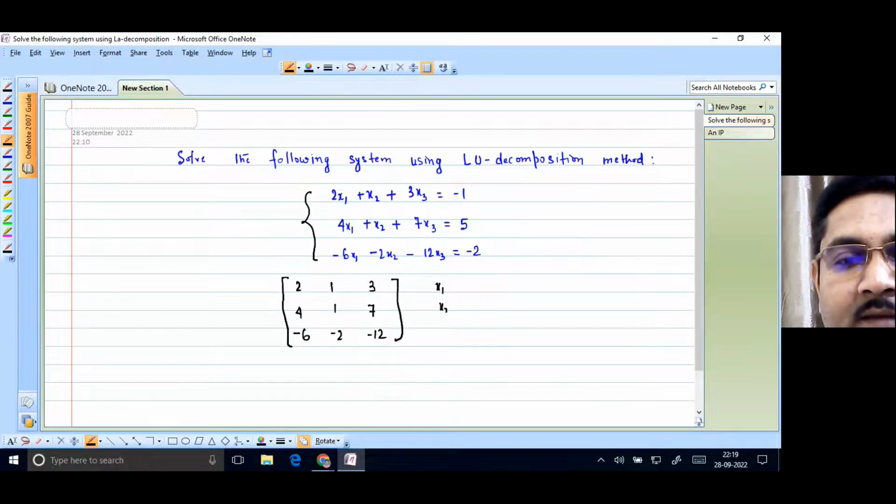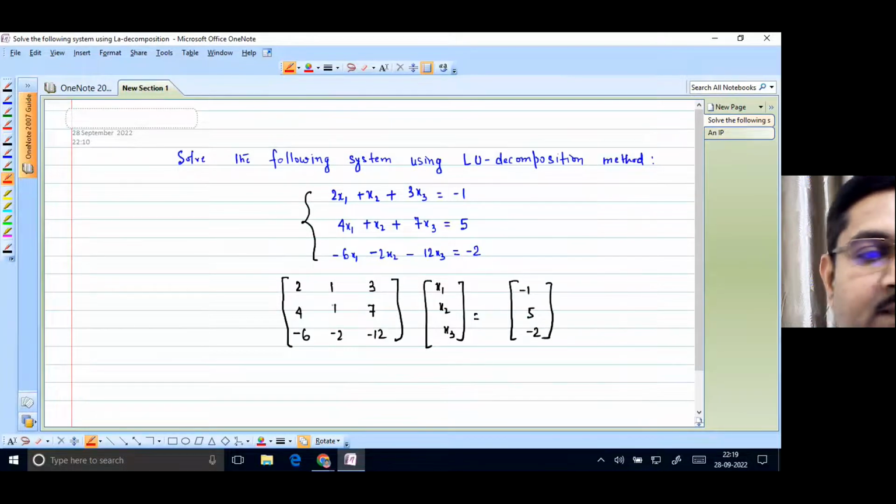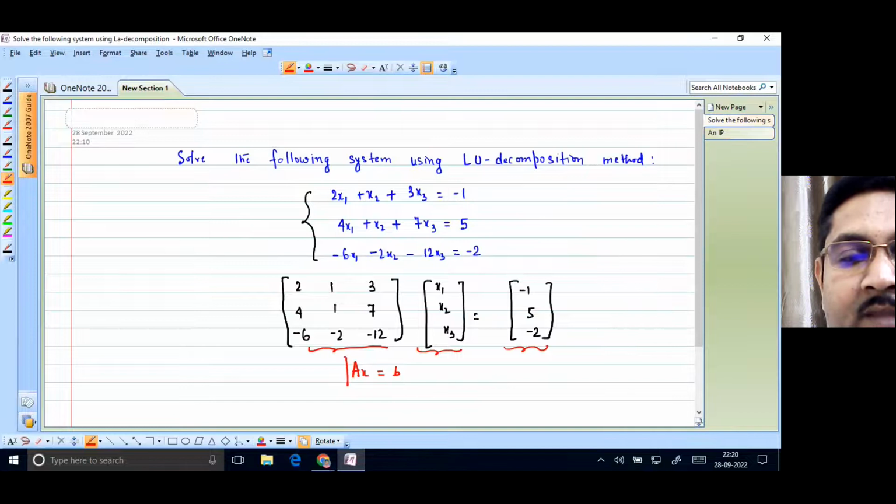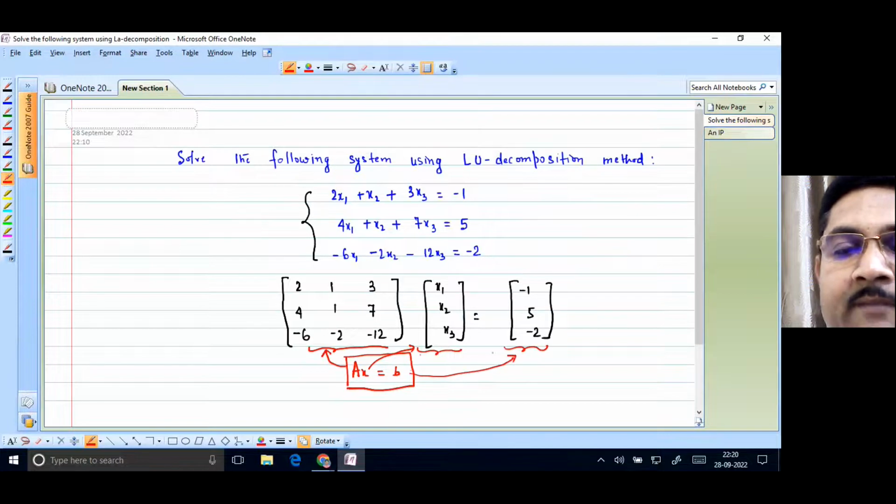And my B, the right hand side, is minus 1, 5, minus 2. So here you can see that this is my A, this is my X, and this is my B. So I am able to write my equation in the form AX equal to B.